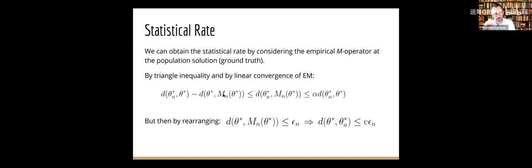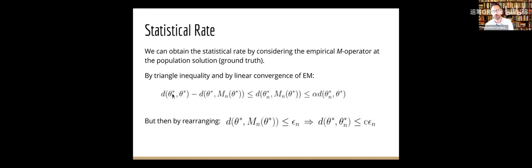So first of all, how do we get the statistical rate? One way to get the statistical rate for this problem is to start at the optimal solution, theta star. This is the population optimal solution, and apply one step of finite sample EM. We know that we're going to move away from that. And how far we move away is exactly going to help us control the statistical rate. And this is basically what this says here. This is the distance between theta star n and theta star. This is what we want to control.